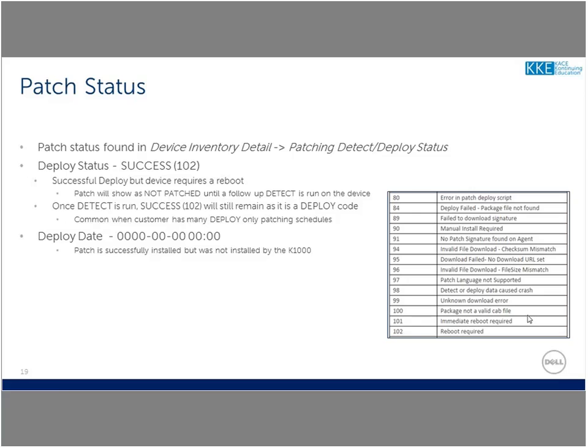First of all, success instead of success 102. Sometimes the patch deployment shows success, sometimes it shows success 102. Success means it's installed, verified, done, good. Success 102 simply means I installed it, but this particular patch requires a reboot to truly be installed.